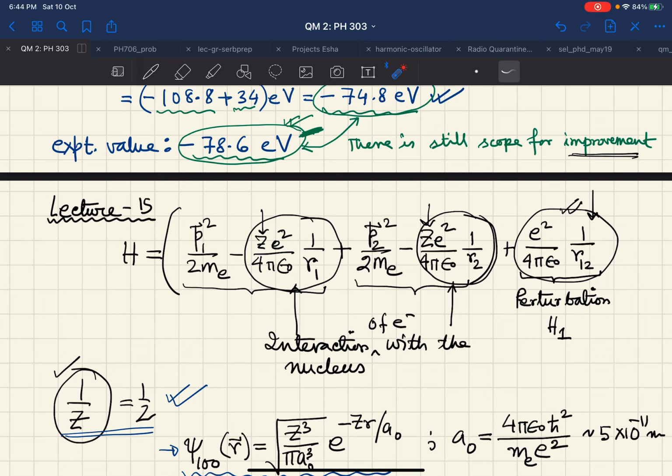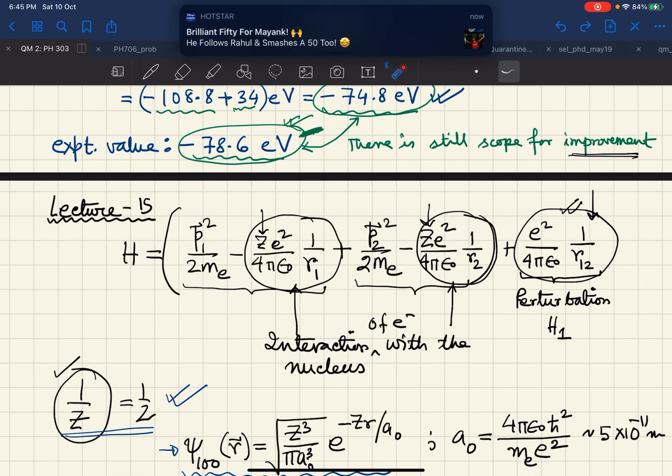Because if it is not smaller than our H0, so this is our H0 and this is our H1, that is the proposal, then we cannot apply perturbation theory. So we need to justify why this last term in the Hamiltonian is smaller than the other two potential terms. So these are the potential terms, this term and this term. So why is this smaller than these two terms?